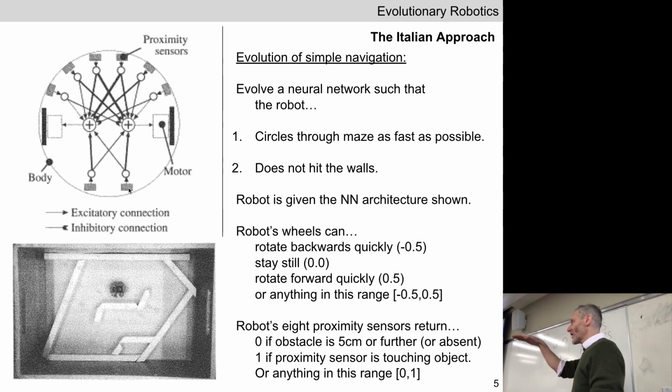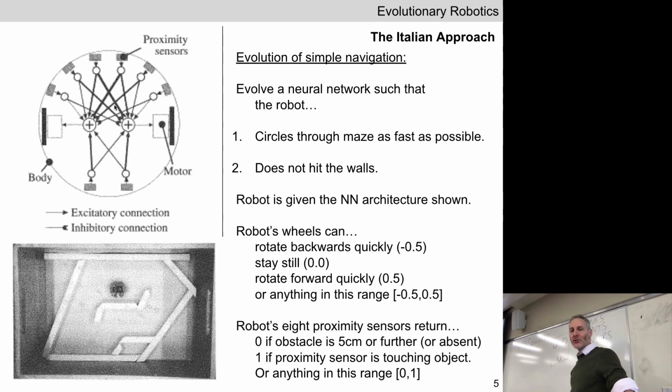So as this little Khepera is moving around and starts to approach one of the walls of the racetrack, a light will actually drop. And it uses that drop in light to approximate proximity, how close it is to a source, to the wall. Okay, so we've got actually 8 different sensors and 2 motorized wheels.